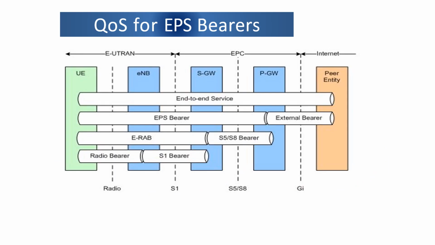Now, as we know from the previous section, EPS bearers are set up between the UE and PDN gateway, and in this picture the EPS bearer consists of radio bearers, S1 bearers and S5 or S8 bearers.